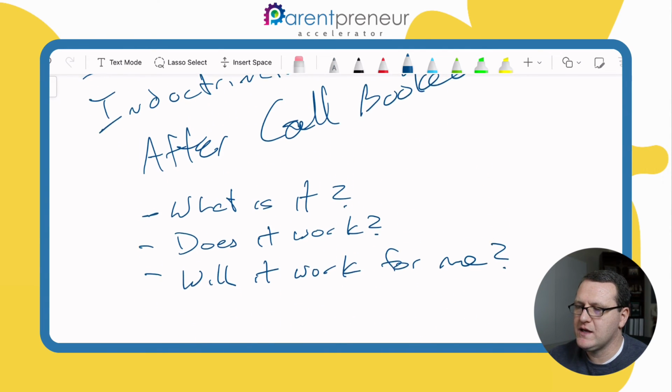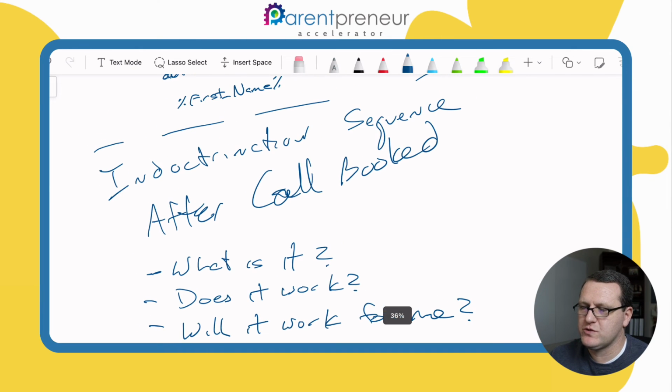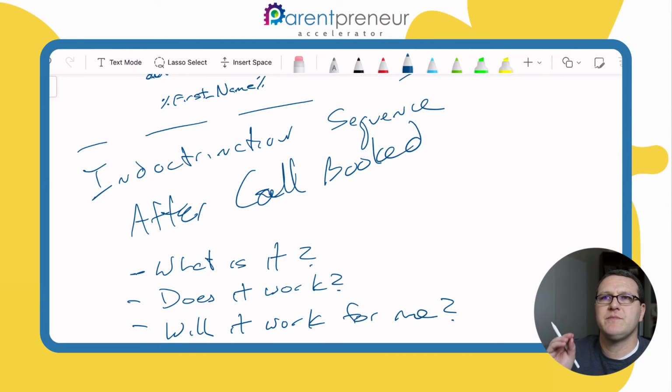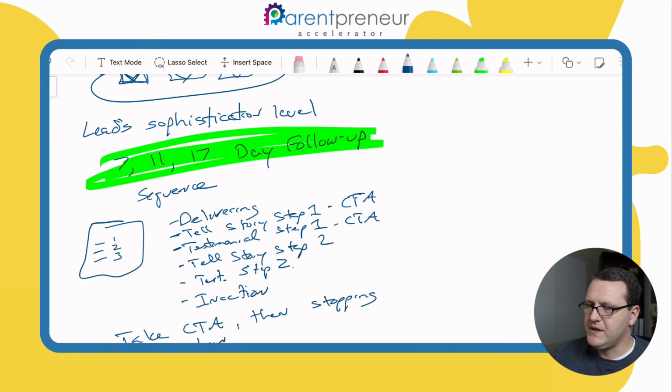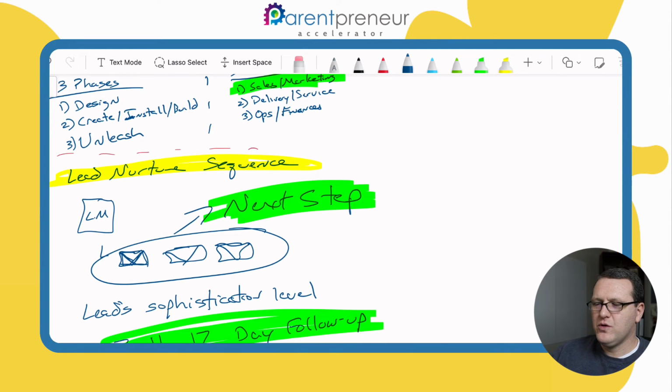But with this one, because it's a shorter time frame, we really want to hit them hard. Again, here we are selling more of the identity and the belief than anything else. Up here, it's more explaining, more selling on that next action step.